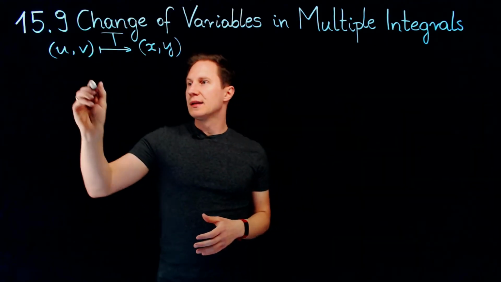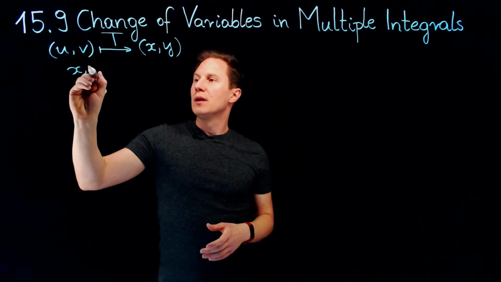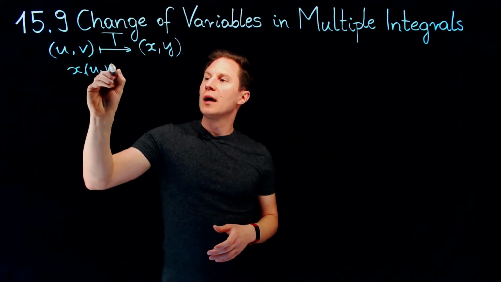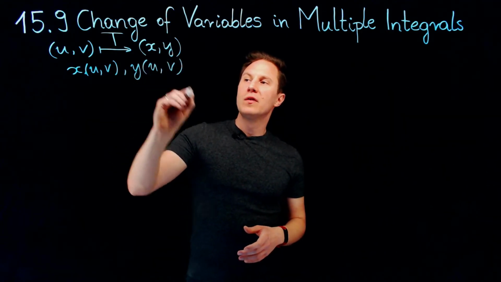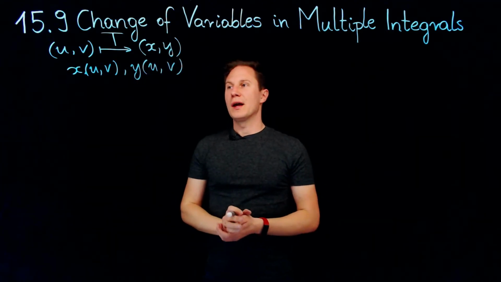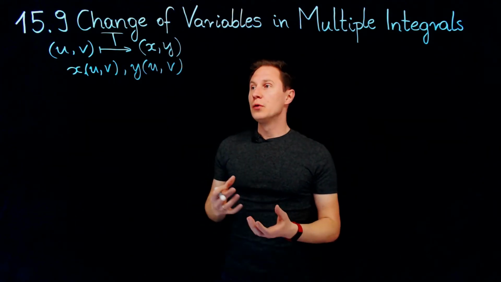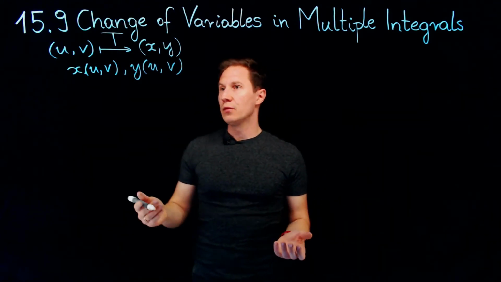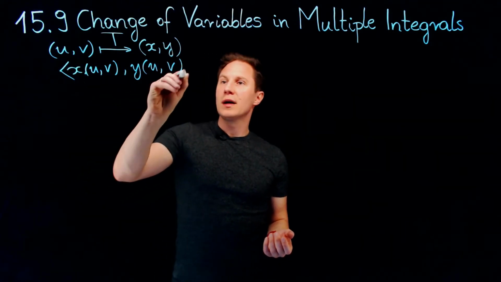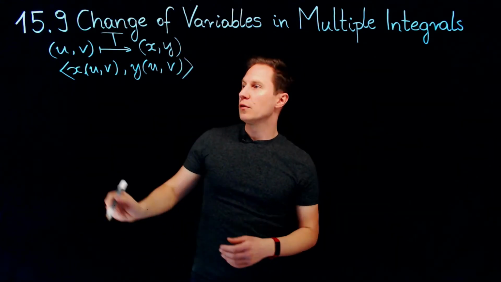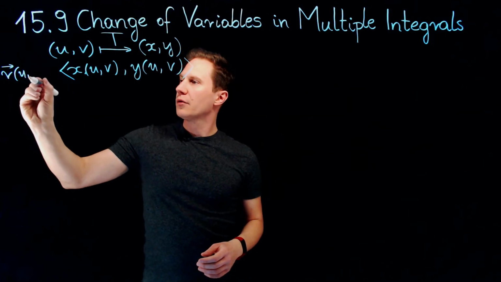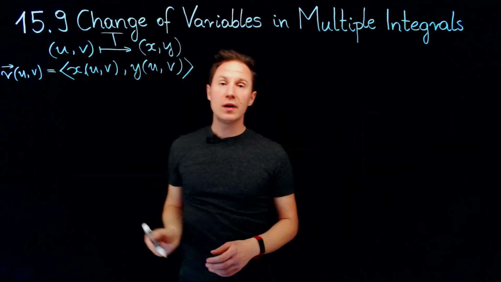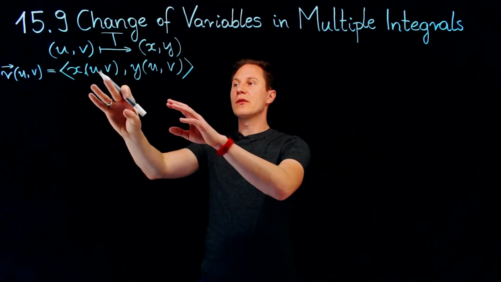What it means in practice is x can be expressed in terms of u and v, and so can y. So you can think of x as a function of u and v and y as a function of u and v. Let me take these two functions and put them in a two-component vector, which I'll denote by r.